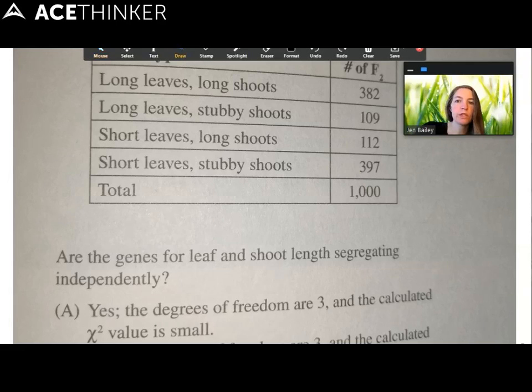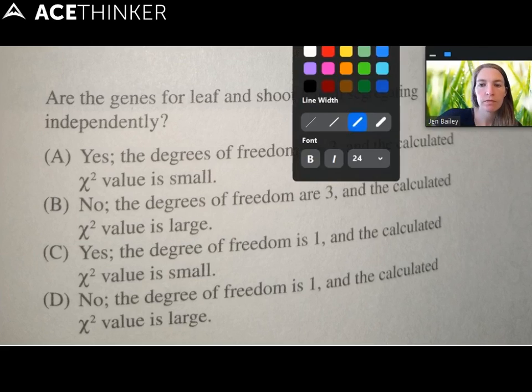But back in Mendel's day, he found this 9:3:3:1 phenotypic ratio is what you get if you've got 2 independent alleles. So when the question asks, are the genes for leaf and shoot length segregating independently, we should be automatically thinking of the phenotypic ratio of the dihybrid cross.